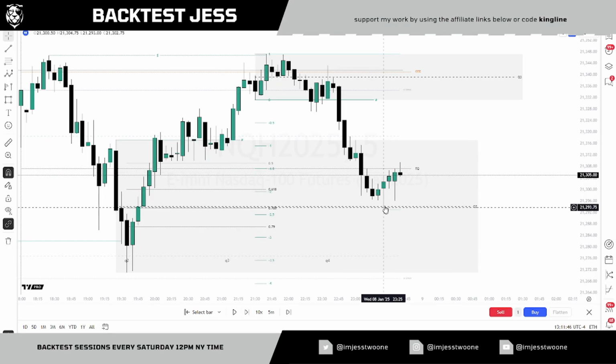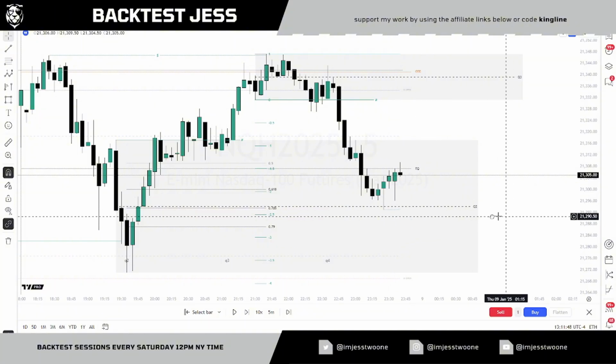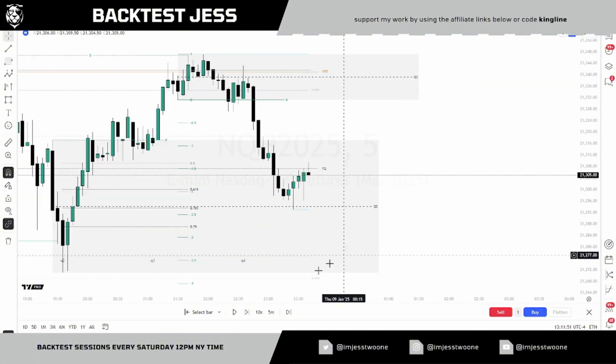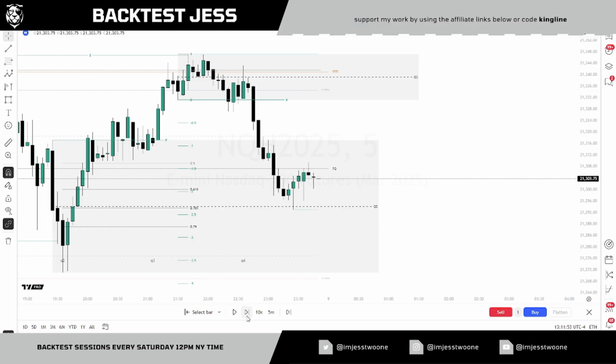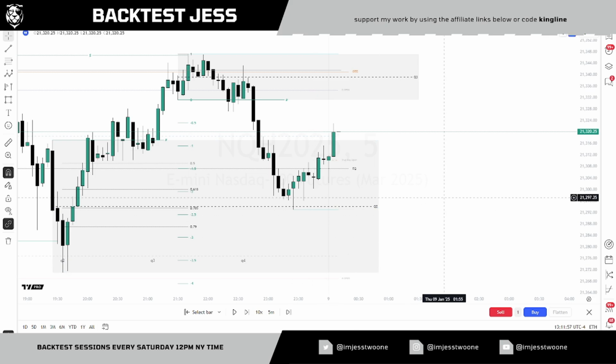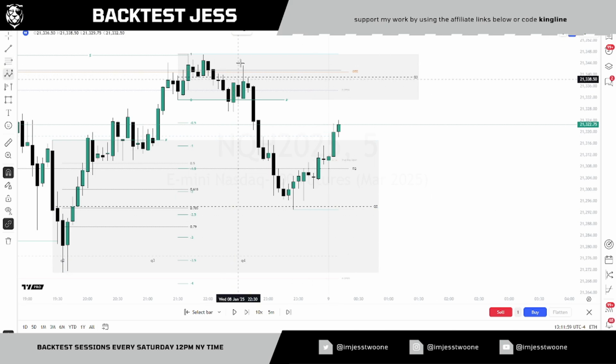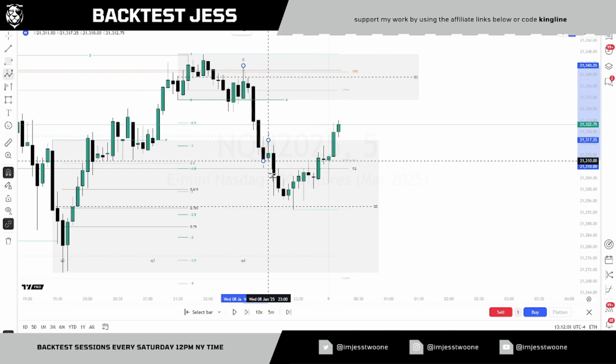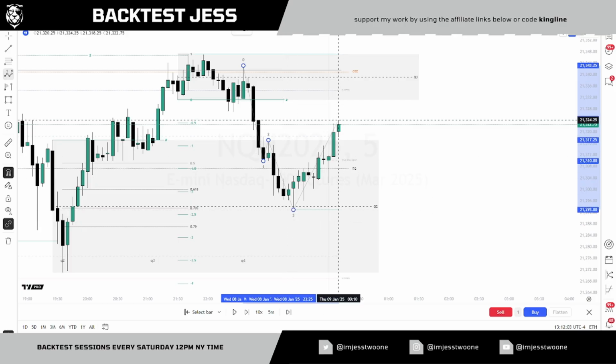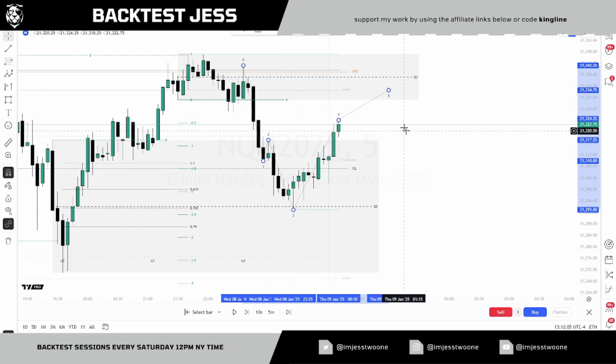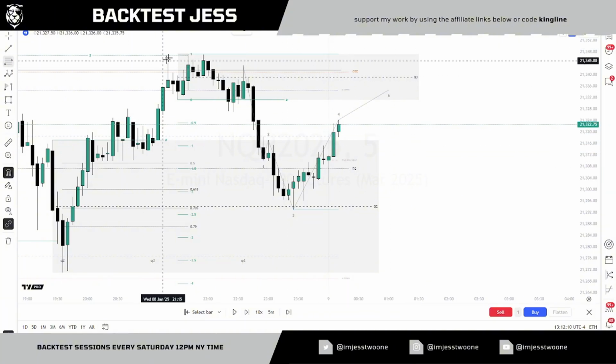Okay, we get this nice respect of 50% Q2 right here. So I could be wrong. Now this is interesting because this would be 1, 2, 3. We have our sweep of 2, right? But we need to get into the zone in order for us to take a trade out of this.